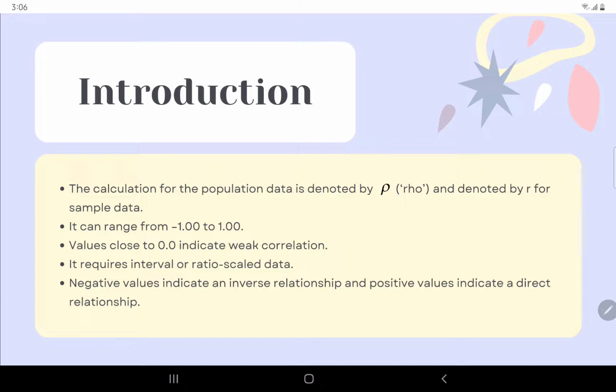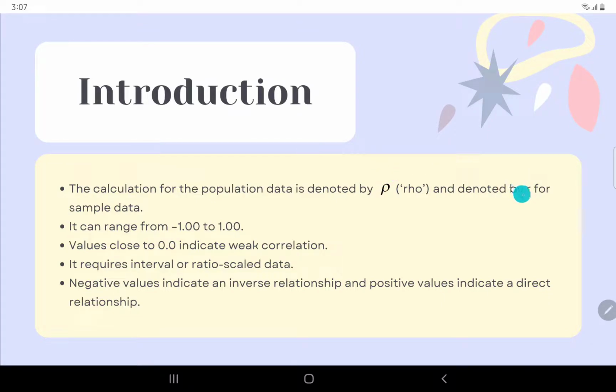Okay, so how do we calculate the correlation coefficient? The correlation coefficient, we denote it as rho. Okay, rho. This is the symbol for correlation coefficient for population, and R is the correlation coefficient for sample.